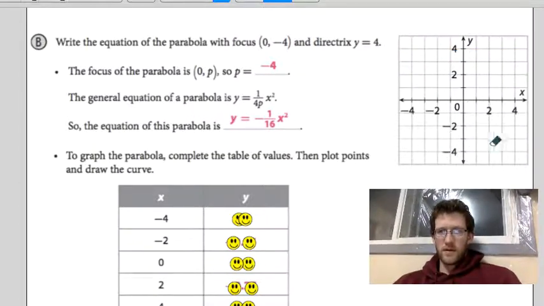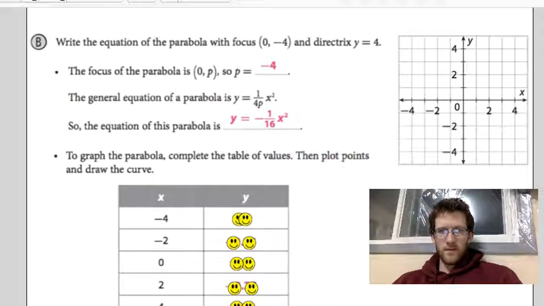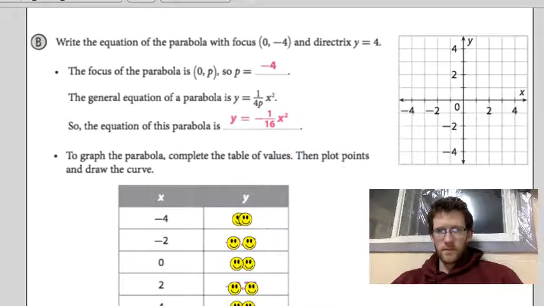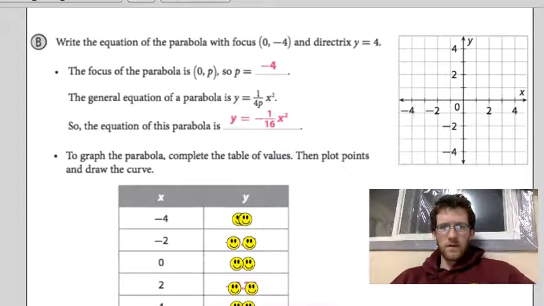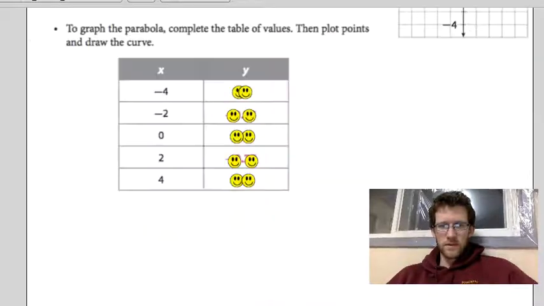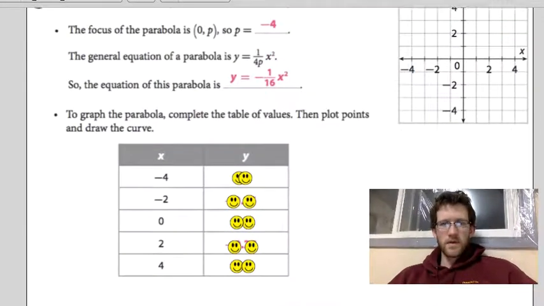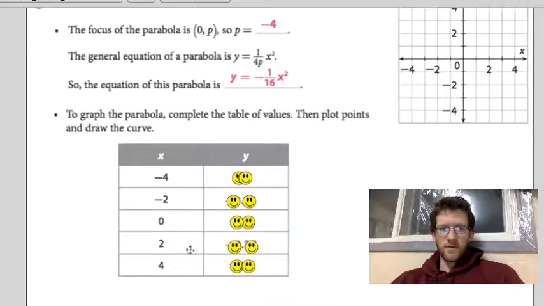Furthermore, we can graph it. We can do that by plugging in some x values here. There we go. Sorry about that. The values they give us are -4, -2, 0, 2, and 4. Well, when we have -4 and then we square it, that gives us 16.